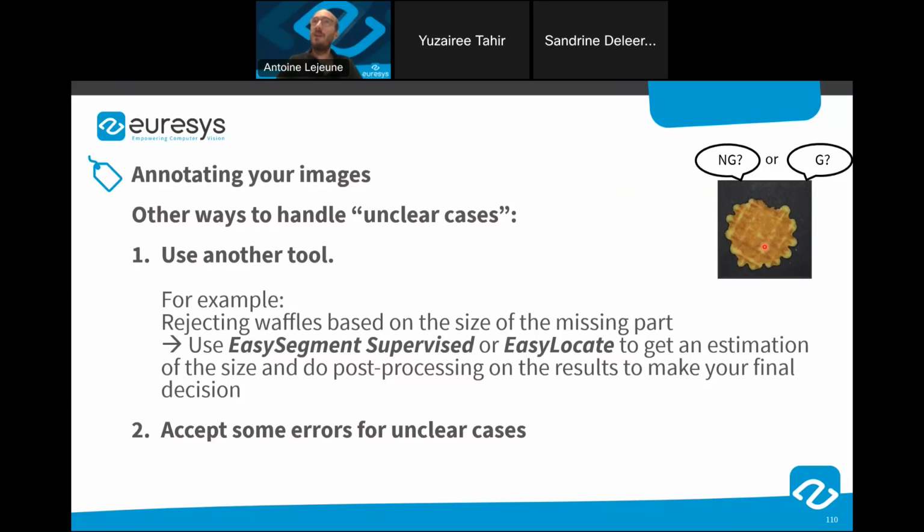The other way to deal with unclear cases is to simply accept that your deep learning model will make some errors, and then sometimes you will accept a defective product or you will reject a good waffle, for example.